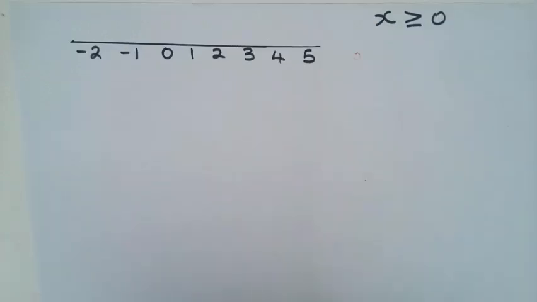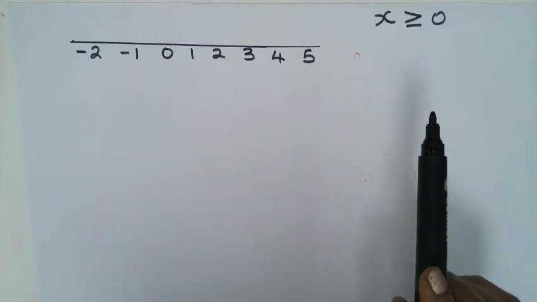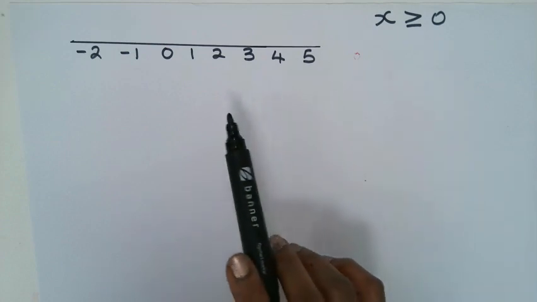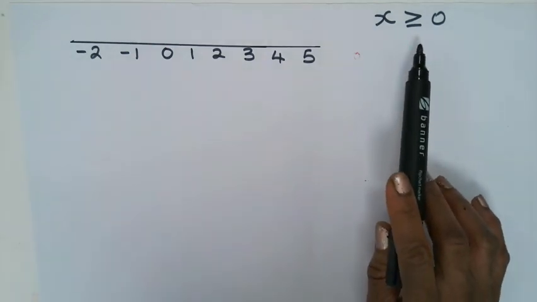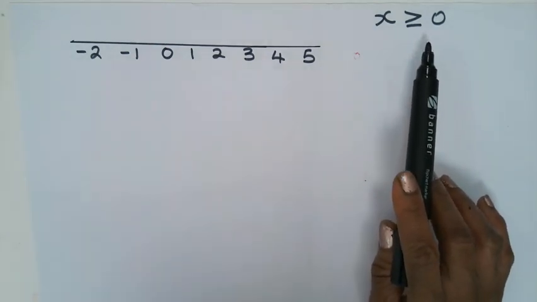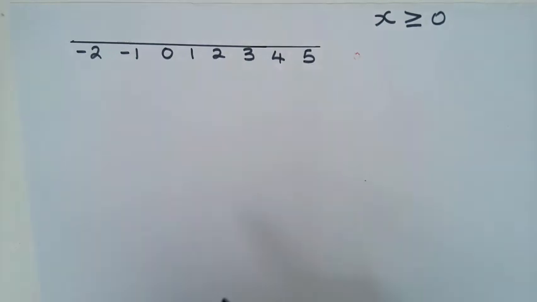Okay, all right, let's look at these next inequalities, which is shown on this number line. The question now is, we're going to draw this on the number line. x is greater or equal to 0.